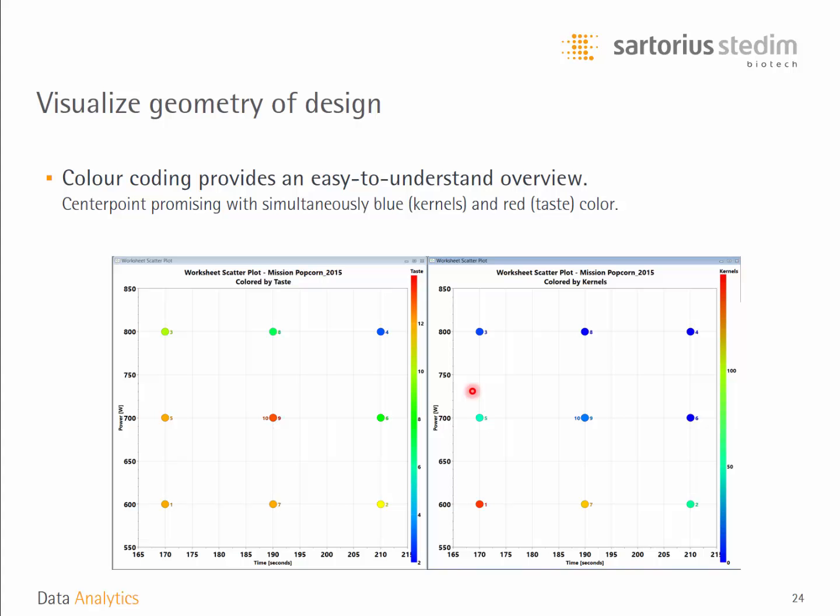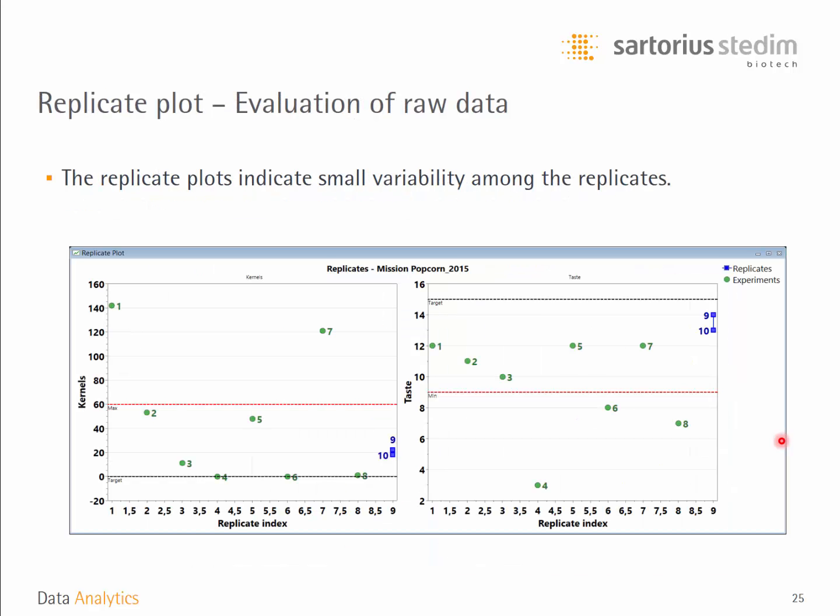In the right-hand part, we see the same plot for kernels, color-coded, and a very interesting region is centered around the middle section, because here we combine a low value of kernels and a high value of taste. So the center point region looks promising just by looking at the data without even doing any statistical analysis.